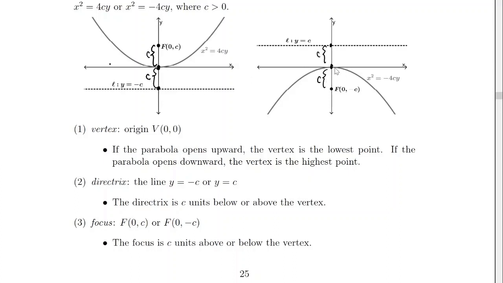And if the parabola opens downward, the directrix has the equation y = c. So the directrix is c units below or above the vertex. And how about the focus? The focus is c units above the vertex or below the vertex.